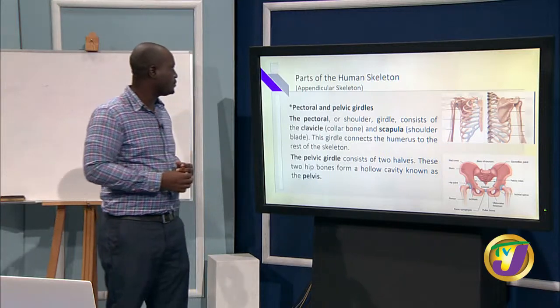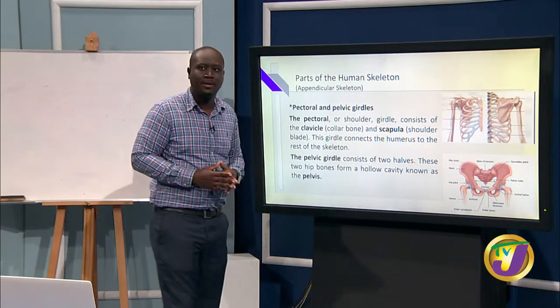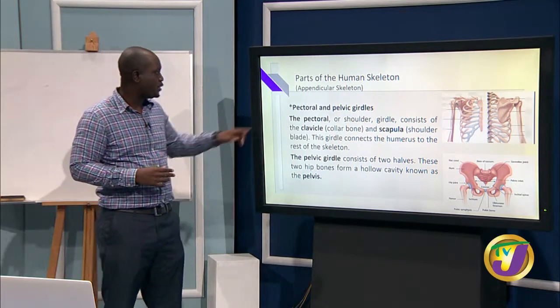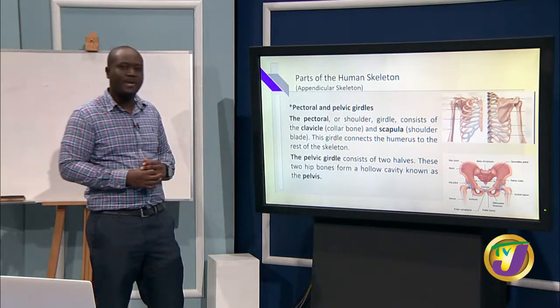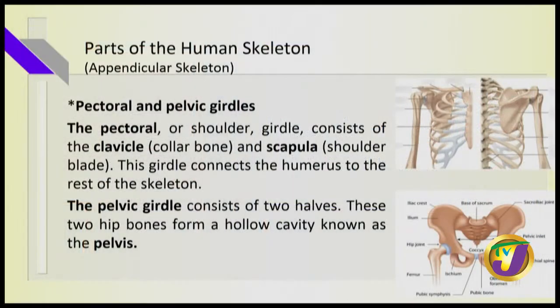A part of the appendicular skeleton is the girdles. You have two types of girdles: the pectoral girdle and the pelvic girdle. The pectoral girdle is found in your shoulder, as seen on the diagram. It includes the clavicle, or your collarbone.